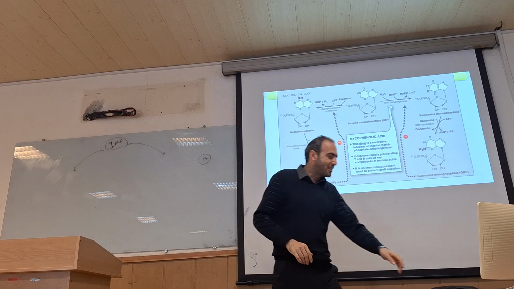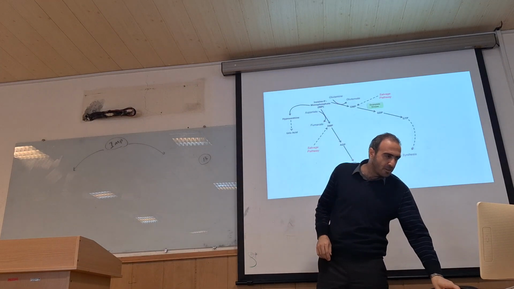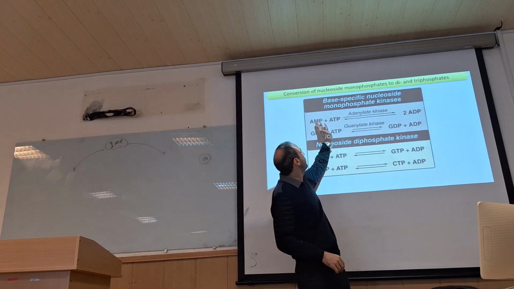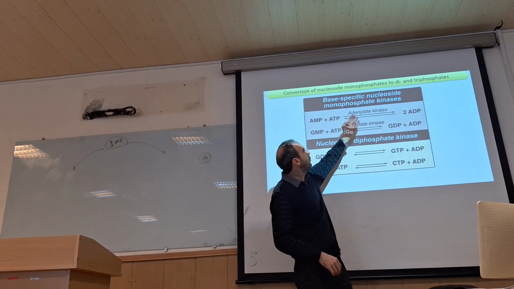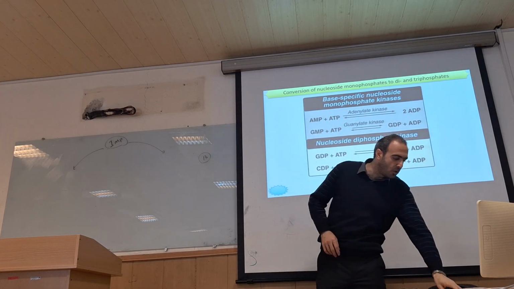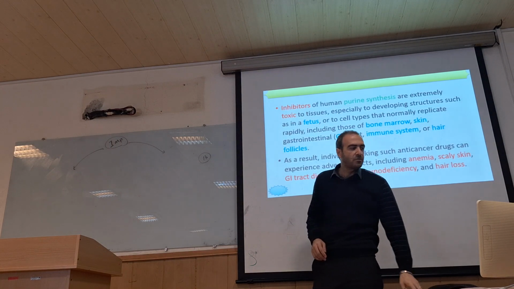So this is the whole pathway of purine synthesis again. When we make AMP, we use ATP to convert it to ADP, then to ATP. We use ATP to convert monophosphate to diphosphate and diphosphate to triphosphate.